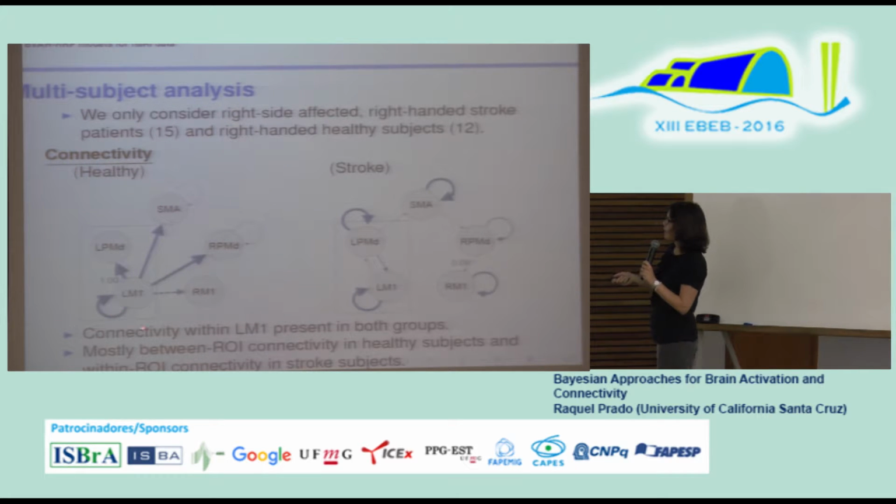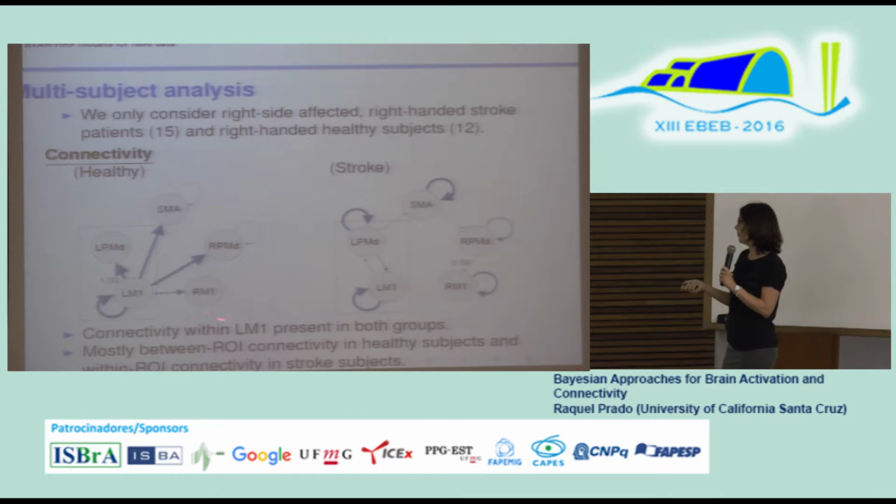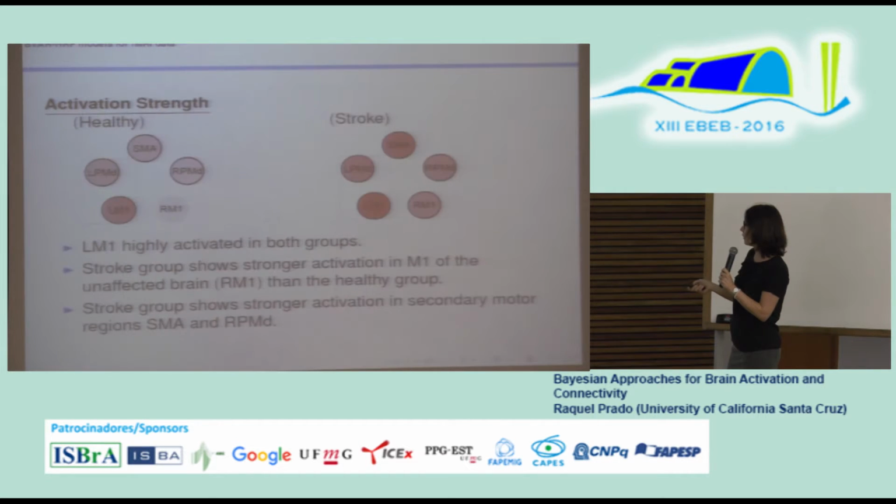And what we can see in general is that the connectivity within the primary motor region appears in both cases, but we see a lot more between ROI connectivity in the healthy subjects than what we see in the stroke patients. So this is just, again, inferred from the model.